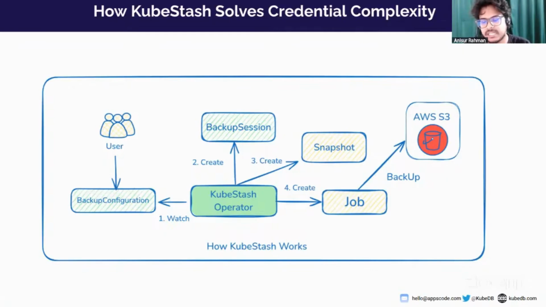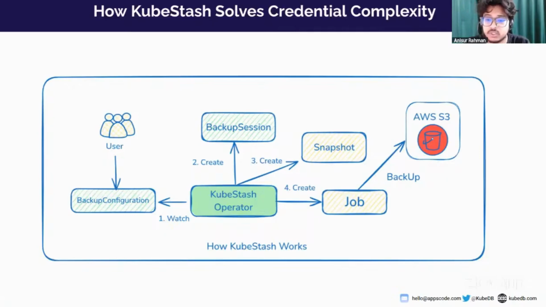So the job takes the file system backup, and for a database it dumps the database, takes the snapshot of it, and uploads that snapshot data into AWS S3. In today's session we are considering an AWS S3 bucket, but it can be any storage service, for example S3, GCS, Azure, or any S3-compatible storage. So just consider that this job is responsible for taking backup.